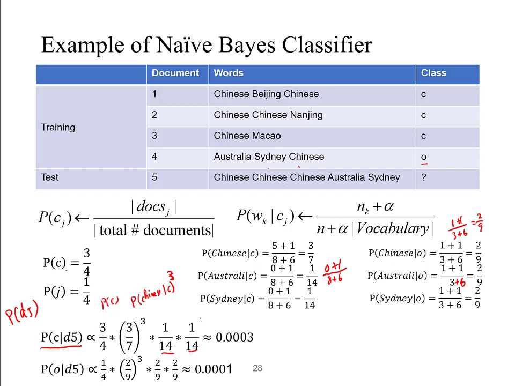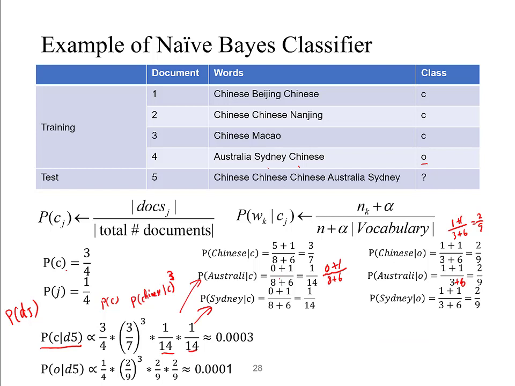And this 2 corresponds to Australia given C and Sydney given C. So finally, we computed the number to be roughly about 3 times 10 to the power of minus 4.